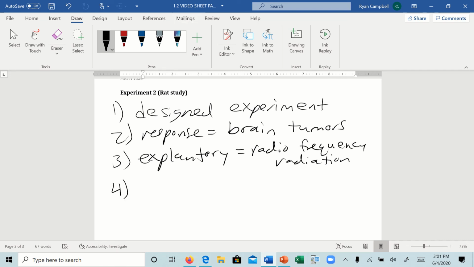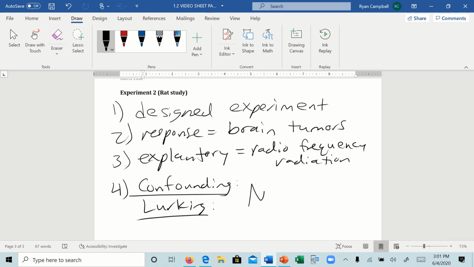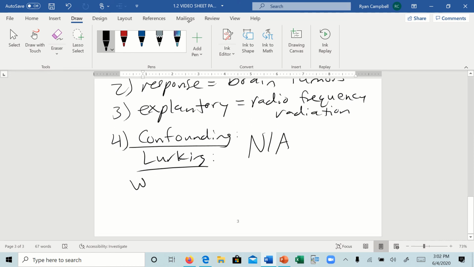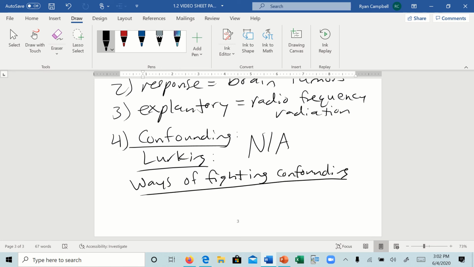All right, number 4, what are some confounding or lurking variables? Yeah, I don't know. I couldn't really think of anything either. They put a lot of effort into this to make sure that they didn't have any. So in that case, what are some of the ways that they fought the confounding variables and the lurking variables? Now this one you should be able to answer, right?